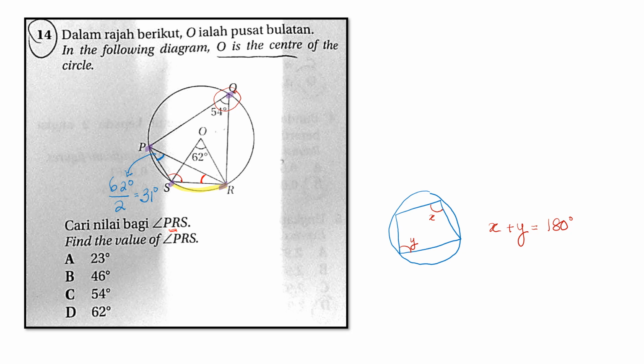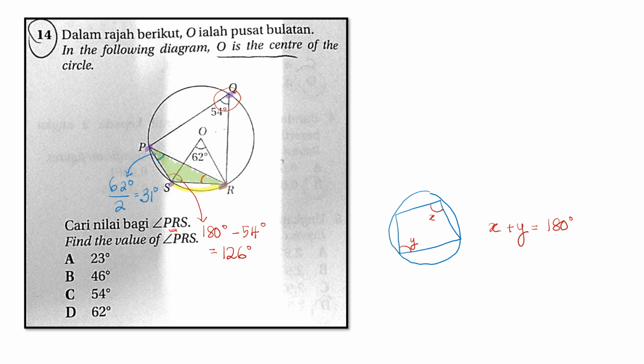That means that if I want to get this angle over here, I will have to take 180 degrees and subtract 54. So this will give me 126 degrees. Okay, so now that we've got that covered, I'd like you to look at this triangle over here.